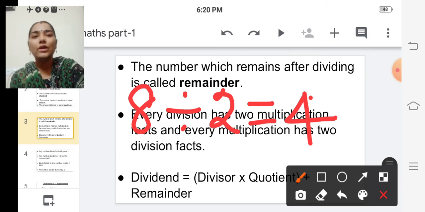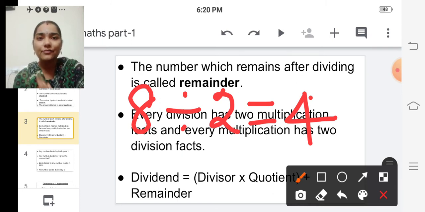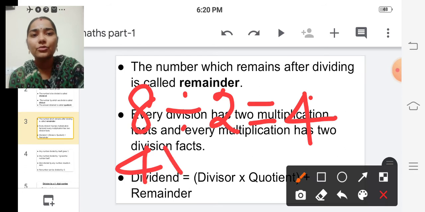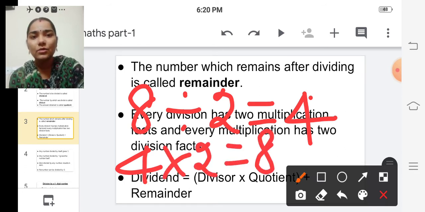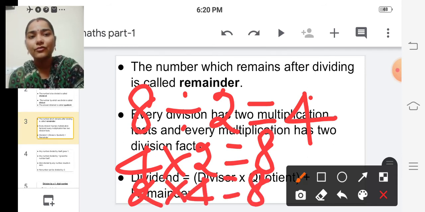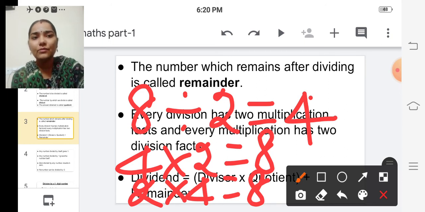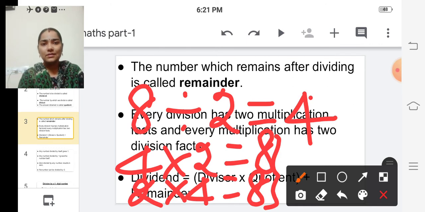So we write 2 multiplication facts for this division: 4 into 2, 4 2s are 8, and 2 into 4 equal to 8, 2 4s are 8. So for every division we can write two multiplication facts.